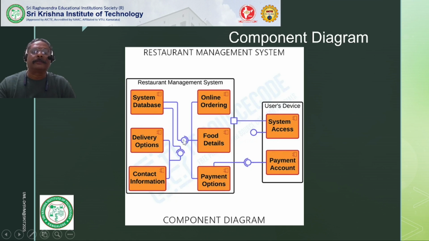The system database gives the information to these three modules and so on, and the payment details are provided by this payment component. So the payment options require the information, so it is this semicircle, the payment account here, that is providing the details, so a lollipop here, a full circle.